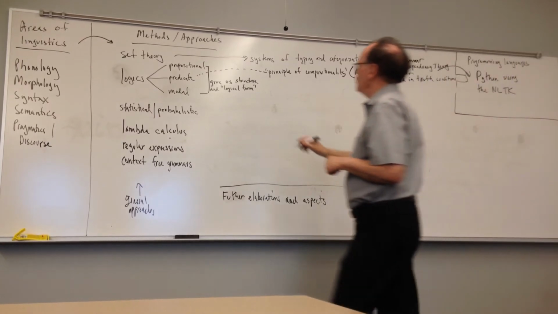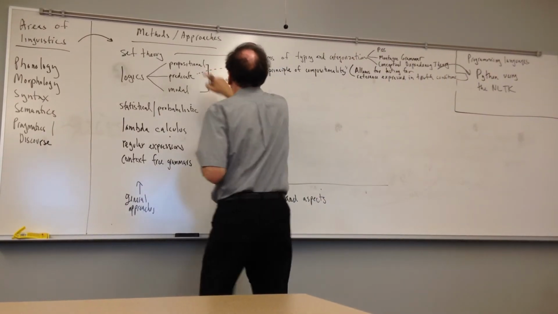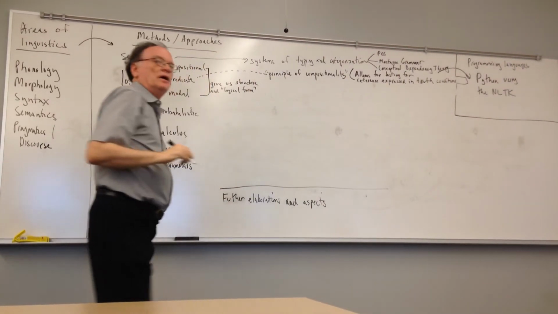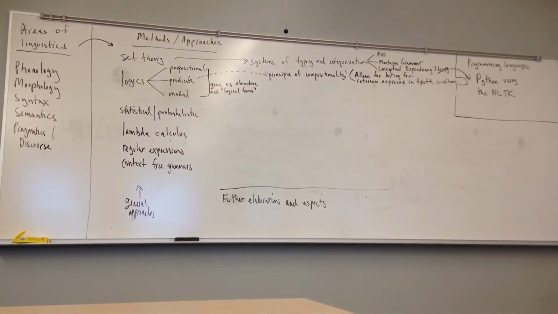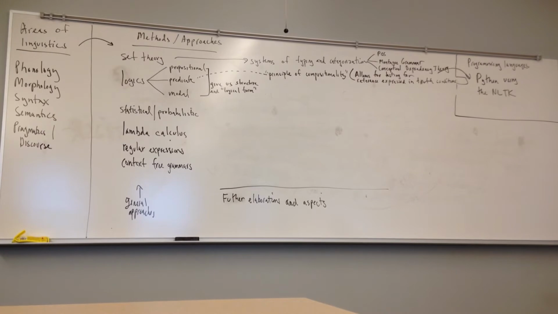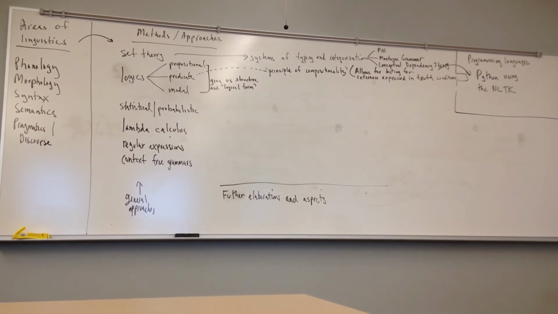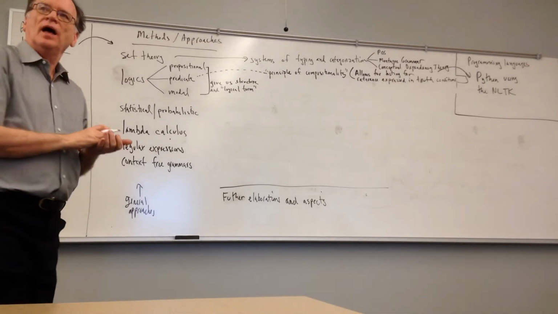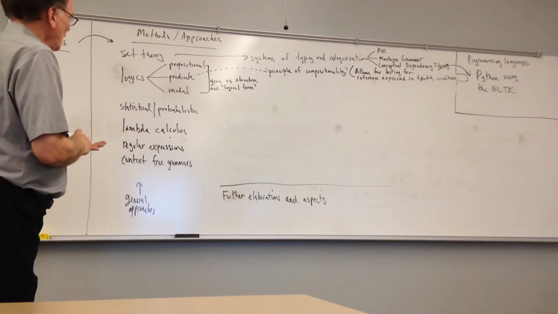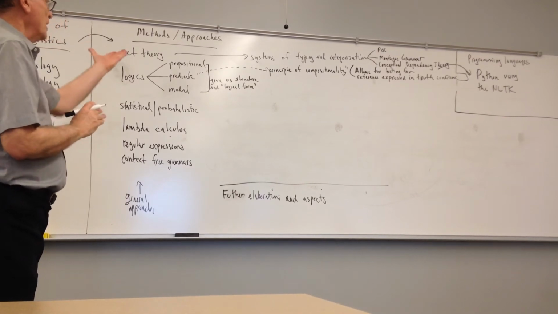Now, by the way, propositional logic also has truth conditions, but because the element you're looking at is a proposition, it's always in the form of a sentence. So you can't get that fine-grained analysis that you can get with predicate logic.